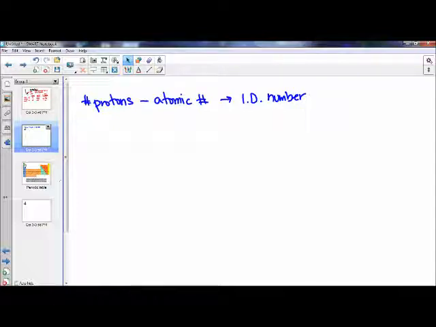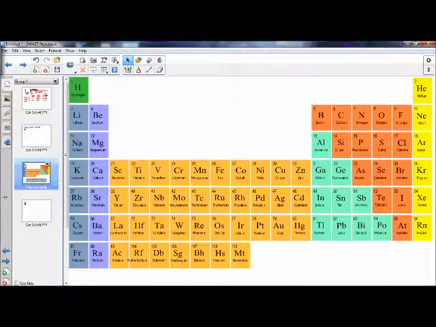Now, how do you know the atomic number for a particular element? Well, the periodic table has some information in it. This is a very simplified periodic table, but these numbers right here are whole numbers. If you look at your periodic table, you will notice that it also contains whole numbers.